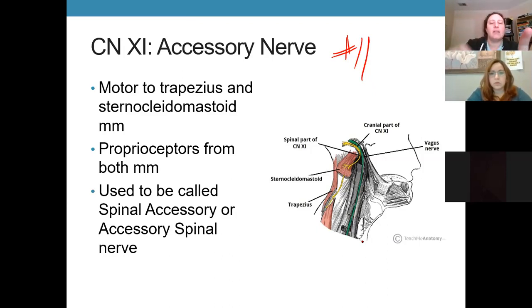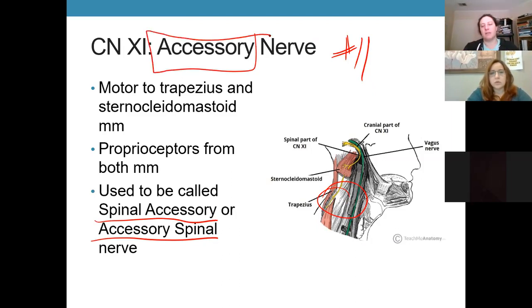This is why the cervical plexus doesn't control everything in your neck, because the accessory nerve controls these muscles. Don't know why. Because it controls the muscles of the neck, it used to be called the spinal accessory or accessory spinal nerve, but they decided that spinal made it confusing because it's a cranial nerve, so now it's just the accessory nerve.